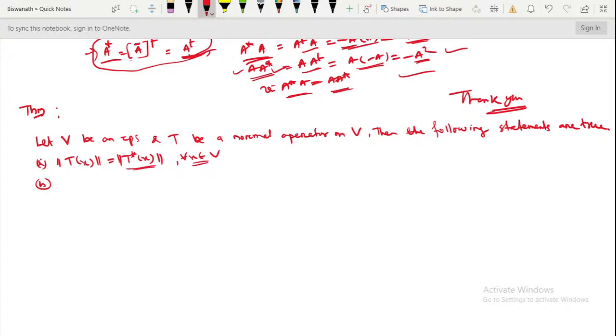This is part B: T minus cI is normal for all c belongs to F. That means c is any scalar.